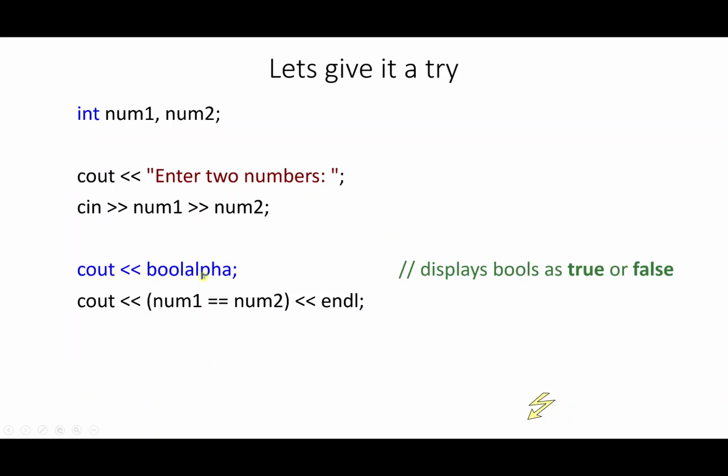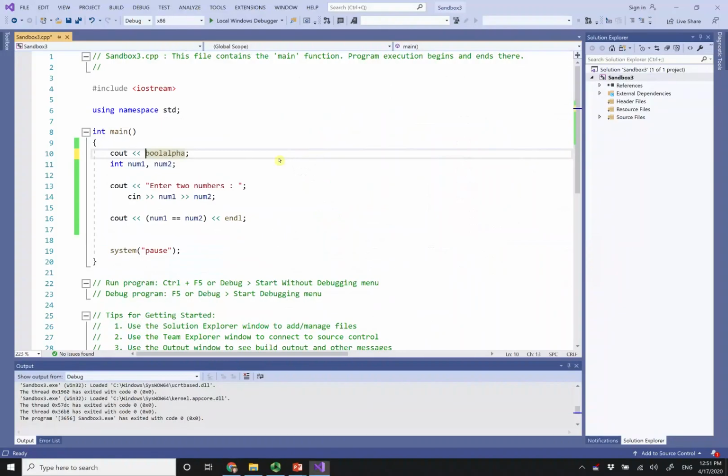We used cout boolalpha. Now, if you want all your expressions to be in alpha, what I suggest always is to put it where we put it in here, at the top of the main. Then everything else is going to be in alpha. It's not just for the next thing.